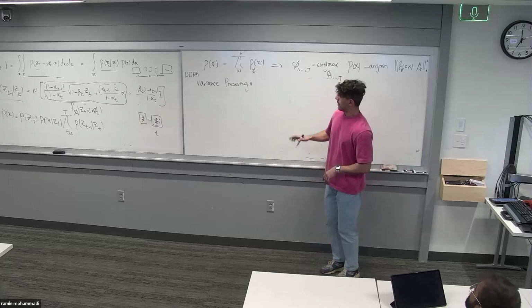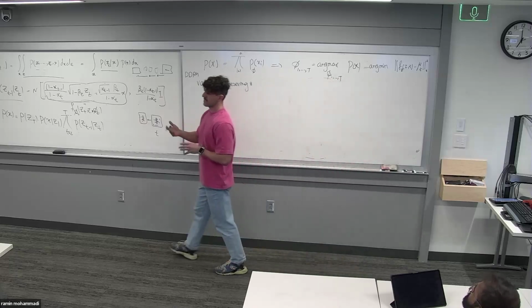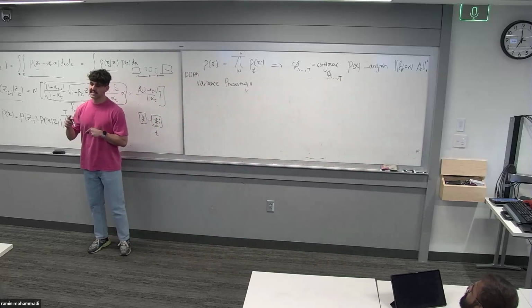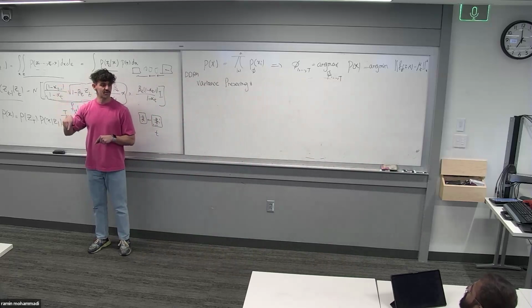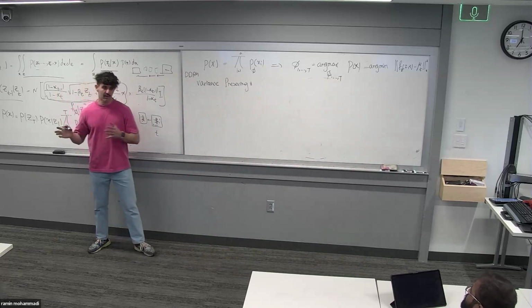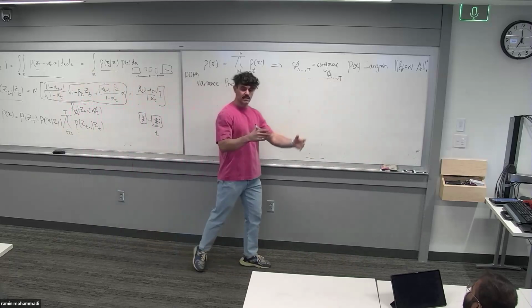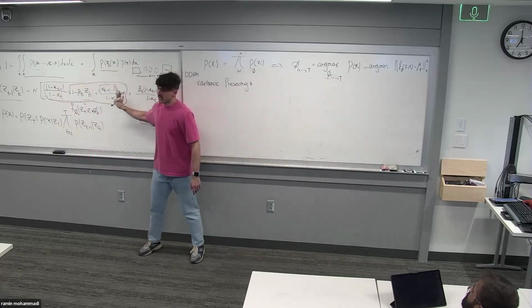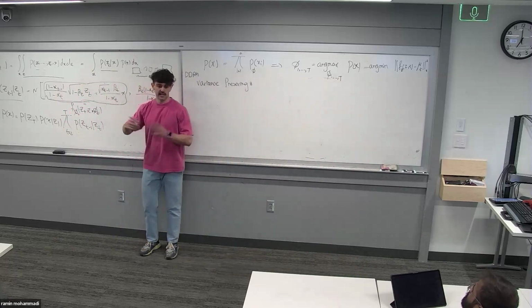But this version is called variance preserving. So it's common if you see VP diffusion. Whenever you see VP, that means variance preserving. Variance preserving means that, along the way, the variance basically is preserved. You're not basically ruining it.